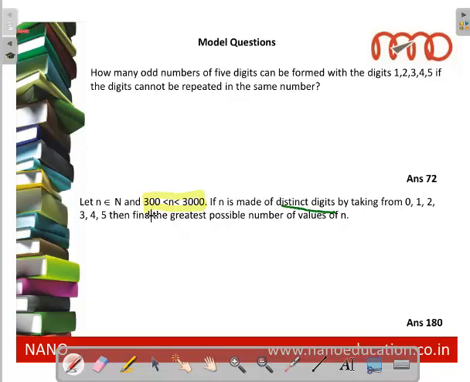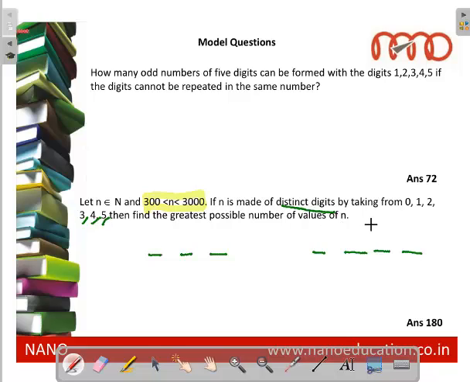Let us see how many different possible numbers we can form. A number lying between 300 and 3000 can be either a 3-digit number or a 4-digit number. For a 3-digit number to be greater than 300, the first place can be either 3, 4, or 5.